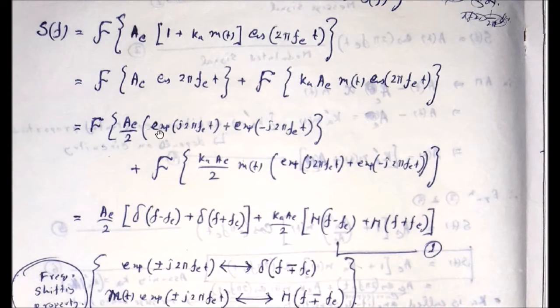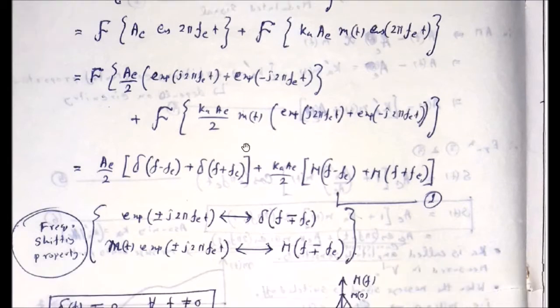If it is cos theta, then it is exponential plus j theta plus exponential minus j theta, by 2, okay. So put it here, and here, since from the Fourier transformation property, okay, let me come to that later. Again this has been decomposed into exponential terms, and the 1 by 2 is kept here, exponential of plus j theta plus exponential of minus j theta, okay. It is representing the cosinusoidal term.